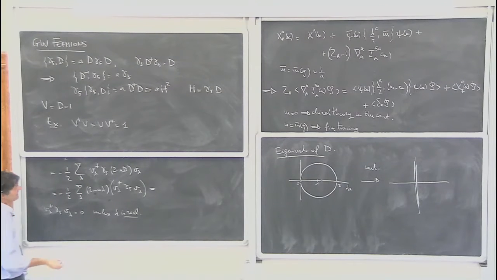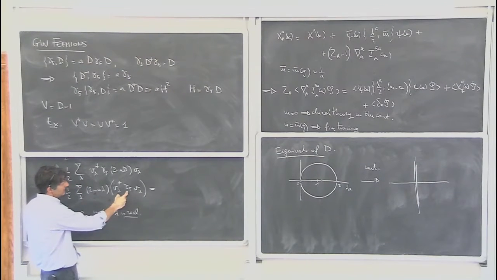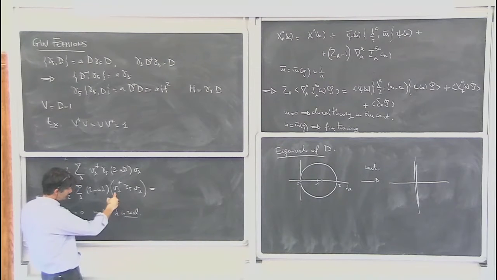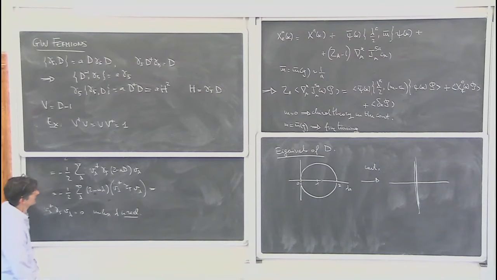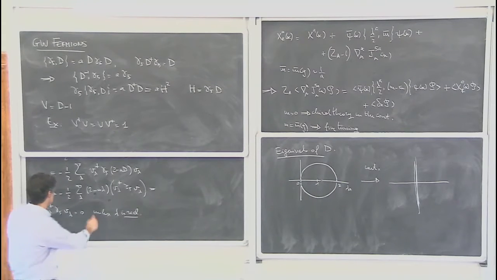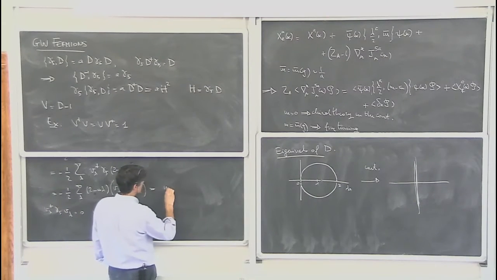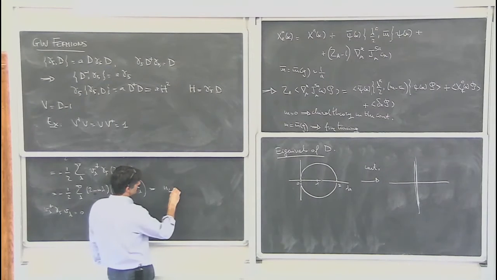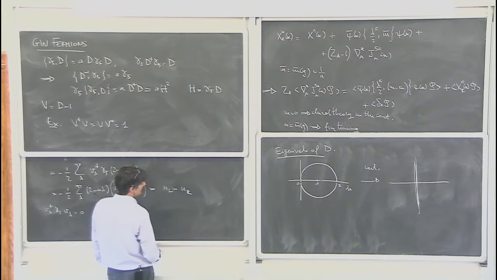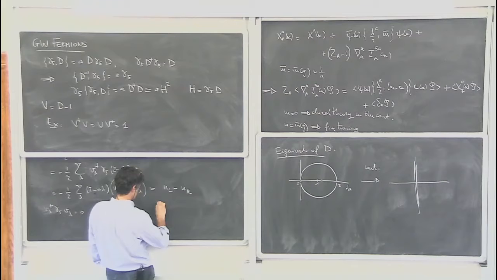And now for the 0 modes, this factor here gives you a factor of 1 if you have a mode with chirality 1, and minus 1 if you have a mode with chirality minus 1. So this is simply the number of left-handed 0 modes minus the number of right-handed 0 modes.